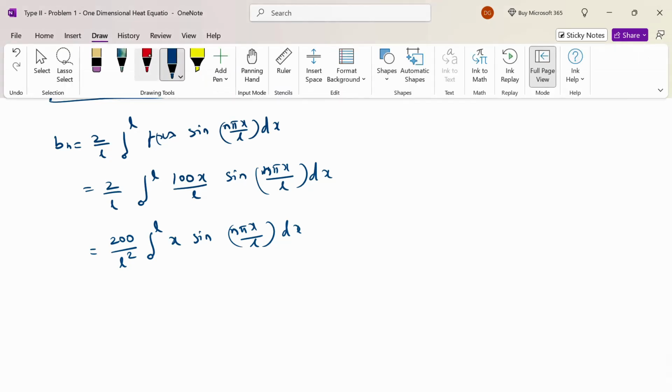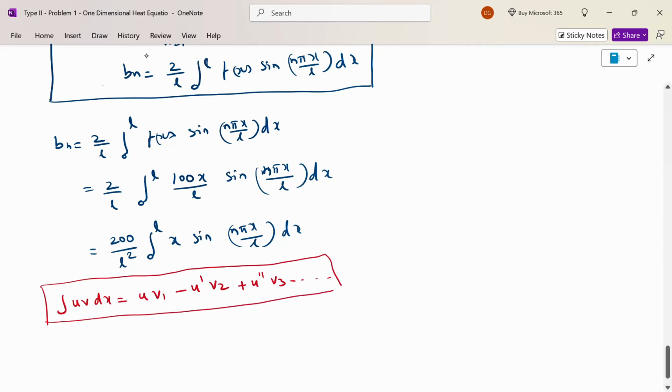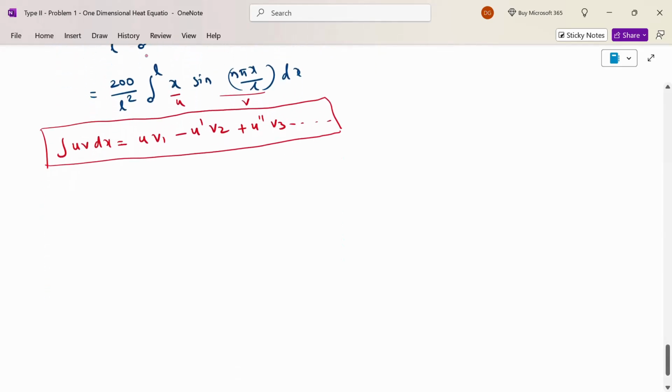Here we use Bernoulli integration. What is Bernoulli's formula? Integral of u v dx equals u v1 minus u dash v2 plus u double dash v3 and so on. We take u as the term to differentiate and v as the term to integrate.